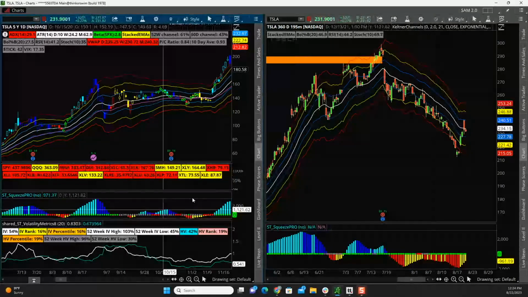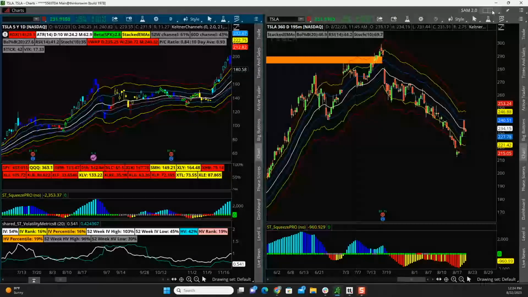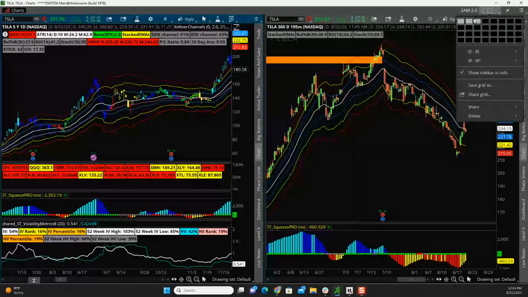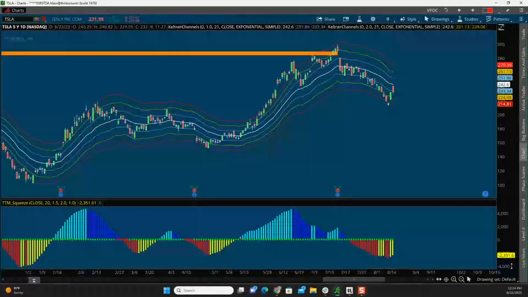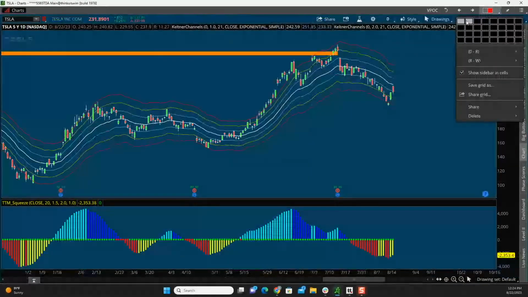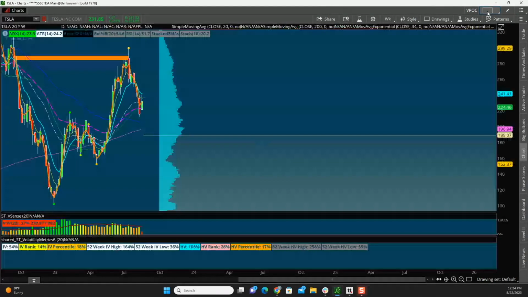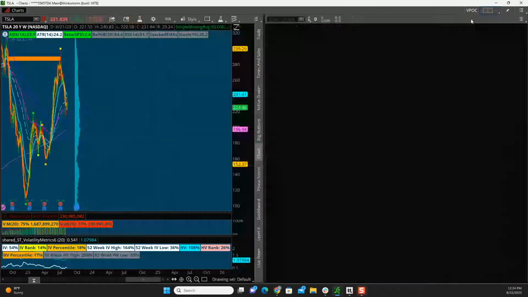And then over here to the right, if you need to add another chart, you can click this little tab right here and you can add another chart to the side. I'll show you how to do that on the blank chart. If I go to one chart and you need to get two charts, just click here, click two charts, then bam, it will bring up your second chart over here.